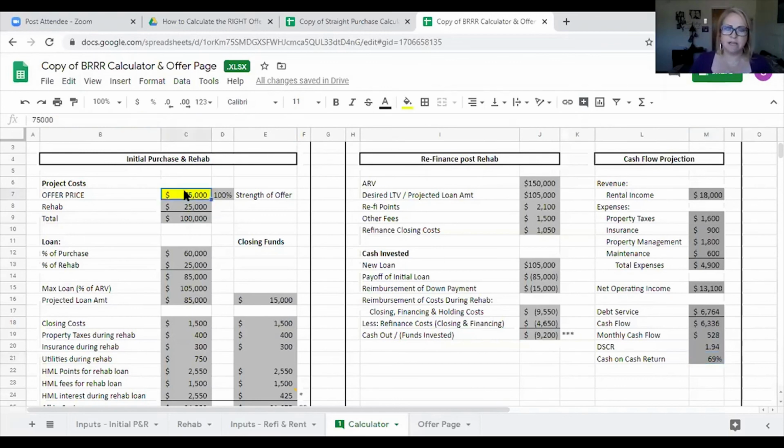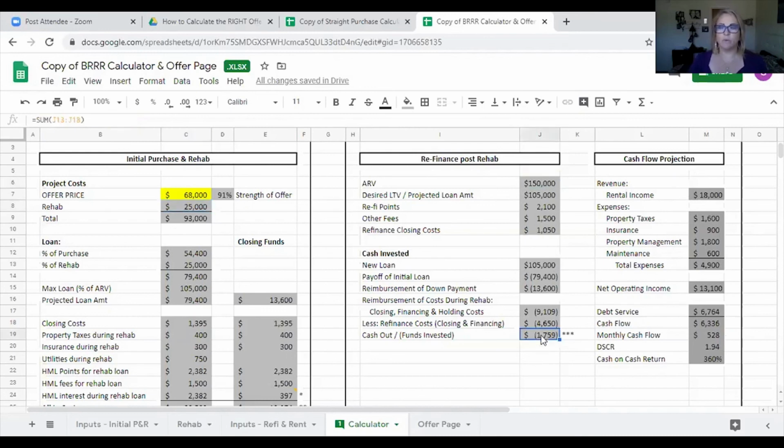Now, the way I set it up for myself is so I could look at it and see what it would look like if I changed it to a $68,000 purchase price. Where it really impacts things, it doesn't change the monthly cash flow much, because I'm still refinancing based on 70% of the ARV.